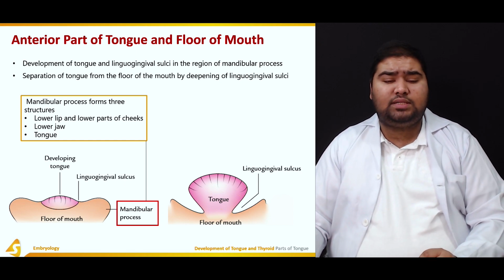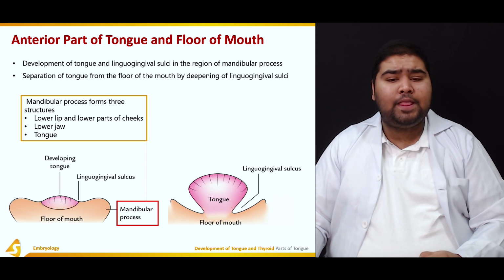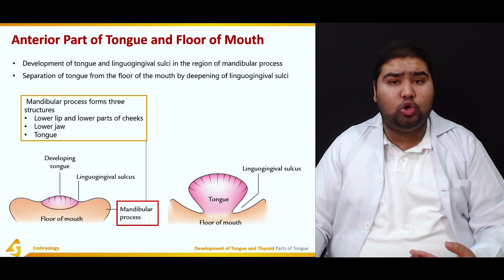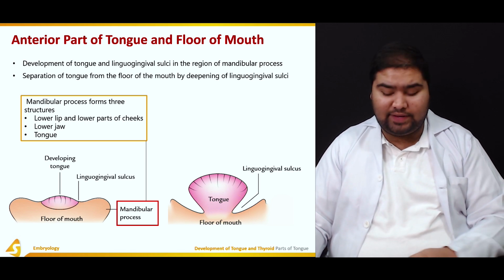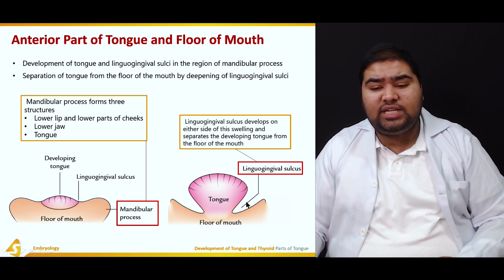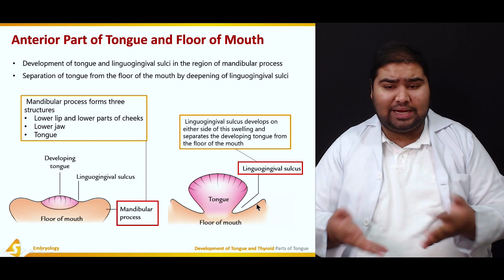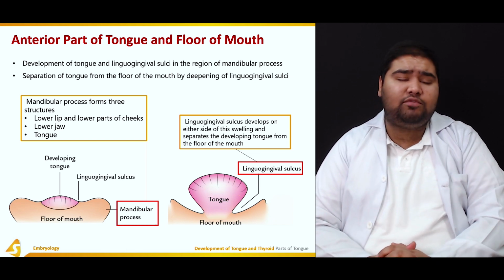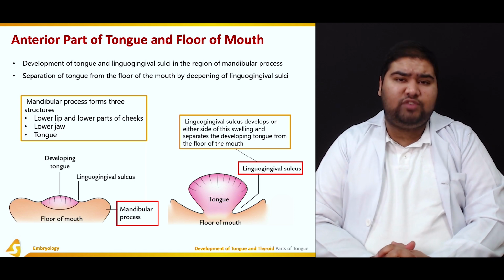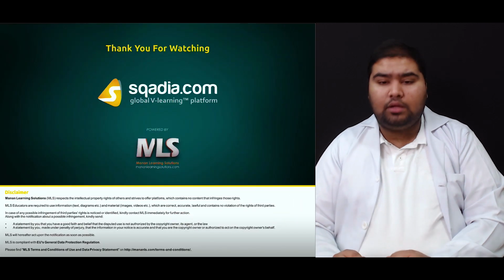The mandibular process helps in the formation of the lower lip and the lower part of the cheeks. It also helps in the formation of the lower jaw as well as the tongue. So this lingogingival sulcus develops on either side of this developing tongue, and it separates the tongue from the floor of the mouth cavity, as a result of which you can move your tongue within the oral cavity.